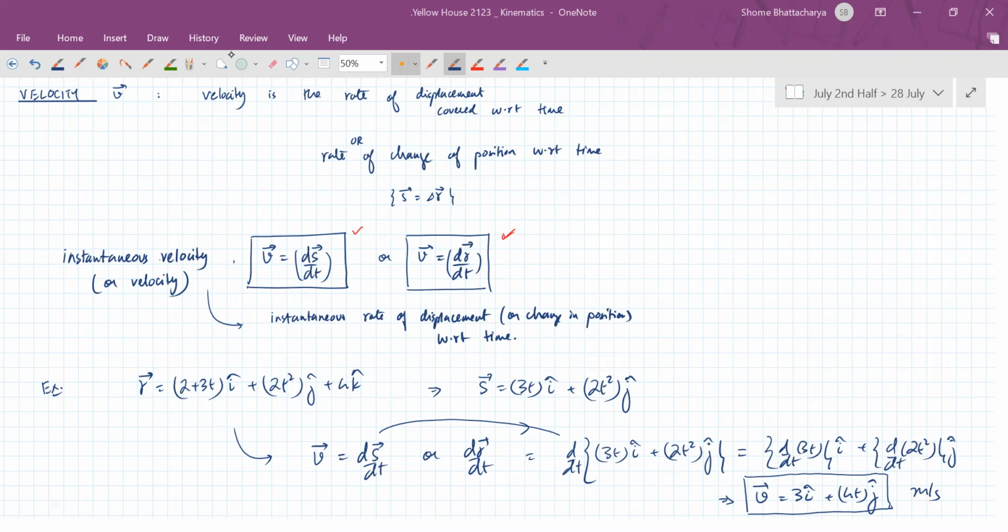The example also shows how you operate the rate of change d by dt operator on a vector quantity. It's just like regular differentiation, treating i cap and j cap like two constants. They are two unit vectors which are fixed.